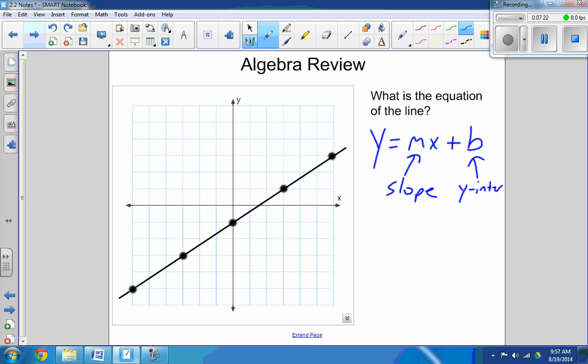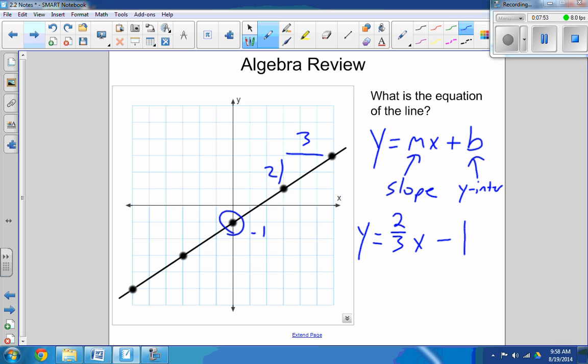The y-intercept is where it crosses the y-axis. So b is negative 1. Our slope, we go up 2 over 3. Remember, slope is rise over run. So our equation, y equals the slope, rise over run, plus the y-intercept, plus the negative 1. So I'm just going to write minus 1. That's the equation of the line.